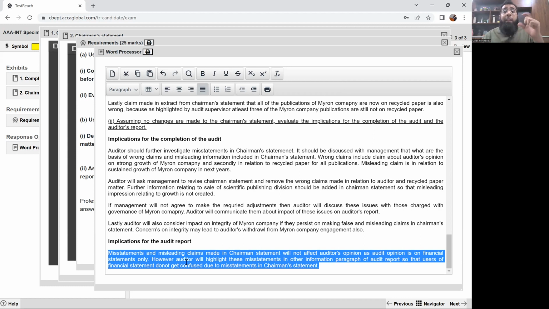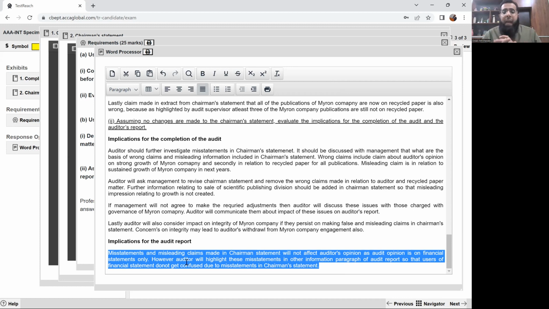You can talk about the contents of other information paragraph, and also about its placement. Normally, the other information paragraph is written after key audit matters. But when there are misstatements in other information, you move this paragraph above CAM. These are all issues which you have already studied during your course.